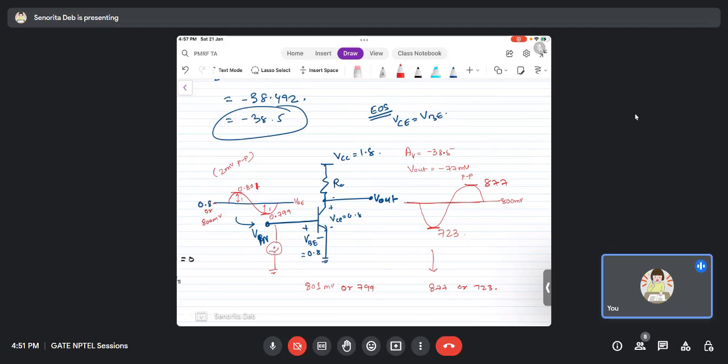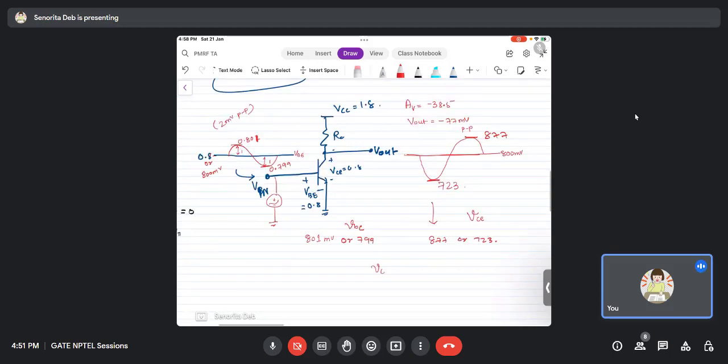Vout is nothing but VCE, the smaller VCE, and this is the smaller VBE. Now to be in active region, what do I need? I need VCE to be greater than VBE, so that VCB is greater than 0, right? So that means with this condition, even with the edge of saturation applied, I get a gain of 38.5. With this gain, my transistor is still in amplification region and therefore it can behave as an amplifier.